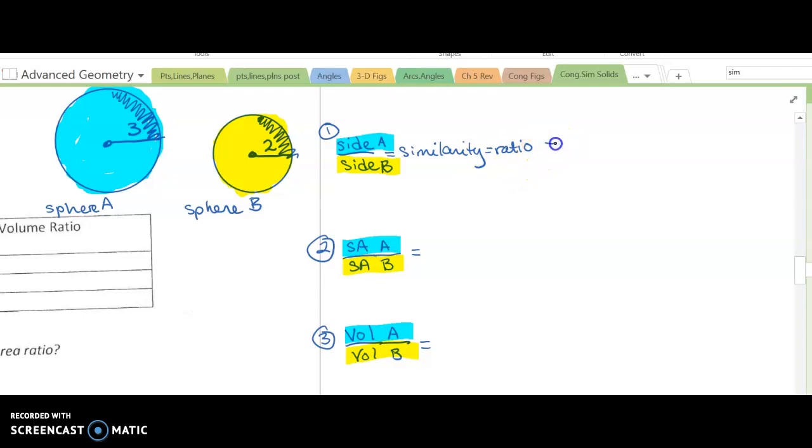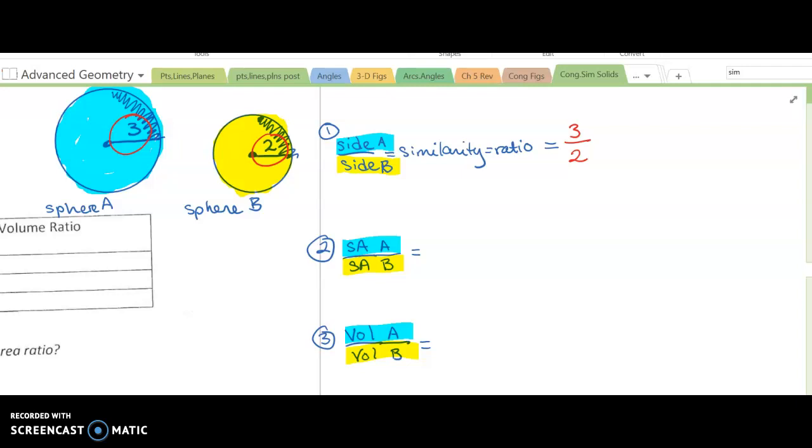The only thing we have to compare on these two spheres is their radius. So 3 to 2. That's what we would normally call the side-to-side ratio. A sphere doesn't have sides, not normally, but it does have that radius dimension that we can compare.